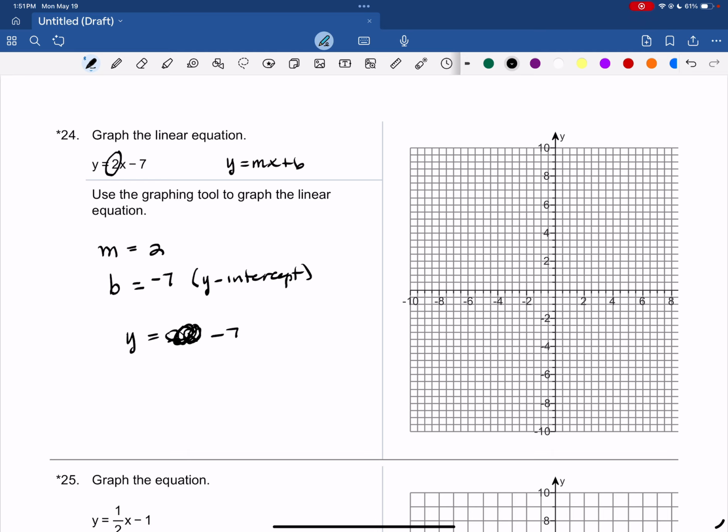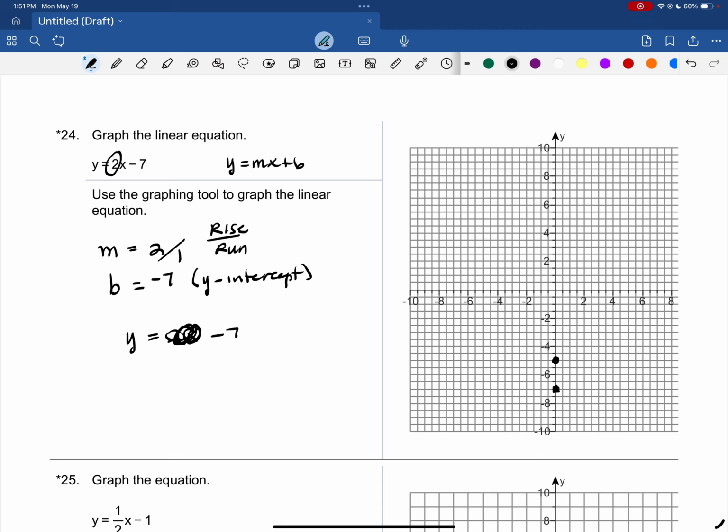So I'm going to go to negative 7 on my y-axis, and I'm going to do 2 over 1. Remember, we've got rise over run. So I'm going to go up 2.